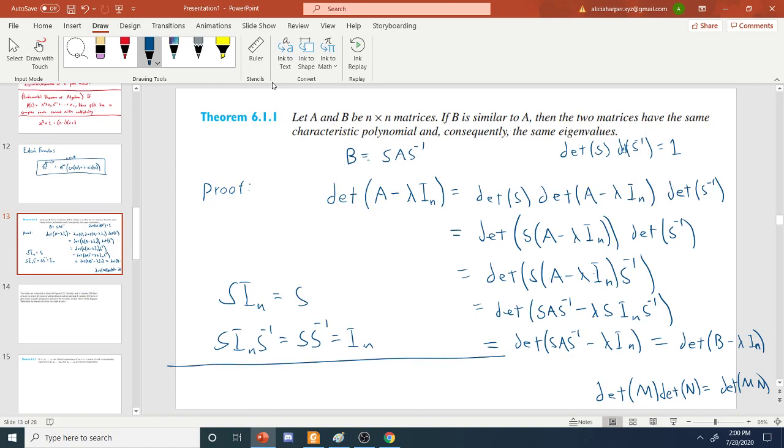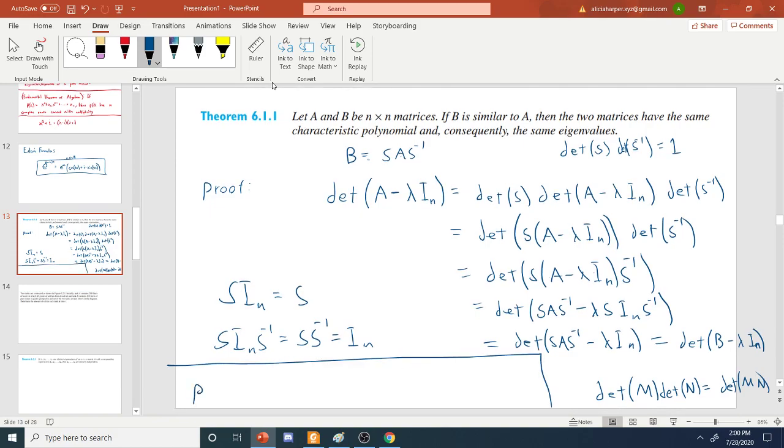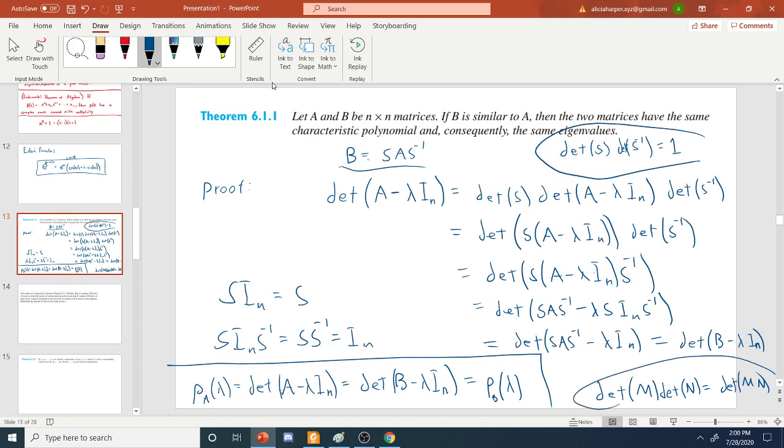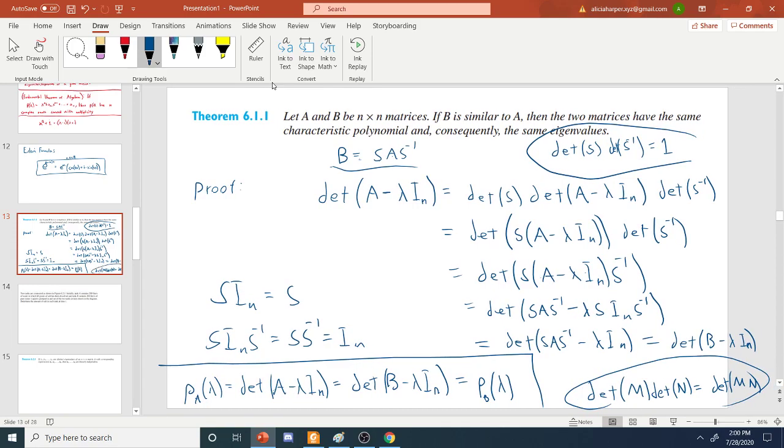So we can conclude with the observation that the characteristic polynomial of A, which by definition was the determinant of A minus lambda I_n, is equal to the determinant of B minus lambda I_n, which is by definition the characteristic polynomial of B. So, since B was similar to A, we had this relation, and all these relations of determinants followed by taking advantage of this, and that established the equality of the characteristic polynomials.